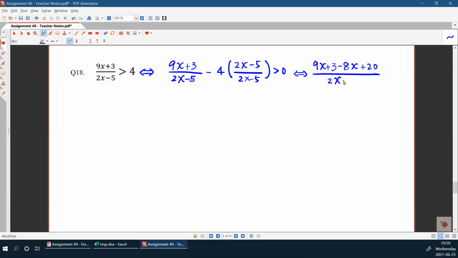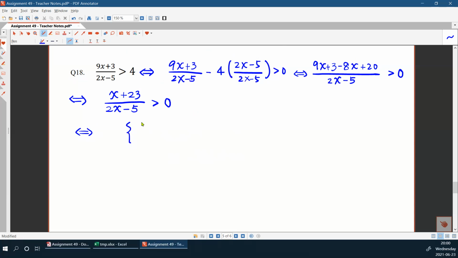Okay, 2x minus 5 is the denominator, and this should be greater than 0, right? And this can be simplified to (x plus 23) over (2x minus 5) is greater than 0. Greater than 0 means a positive number, right? If a ratio of two numbers is a positive number, that means the signs of the two numbers should be the same, right?